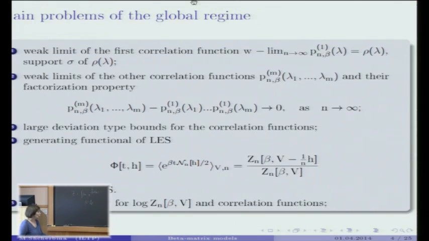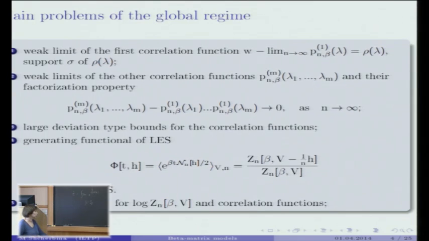Normally when you study random matrices, there are global and local regimes. The main problems of the global regime are, first of all, the convergence of the eigenvalue distribution, or in these terms, the weak limit of the first correlation function.